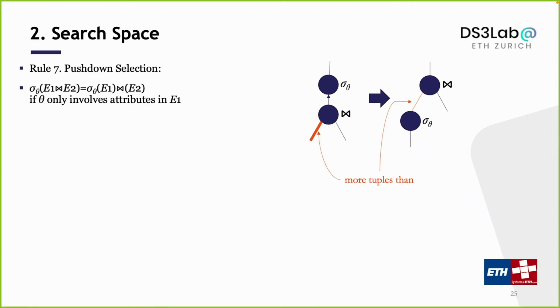Okay? So the high-level idea is if you compare the number of tuples on these two different edges highlighted in orange, the thing on the left-hand side is going to have more tuples compared with the thing on the right-hand side, because I start to do the selection earlier on the right-hand side.